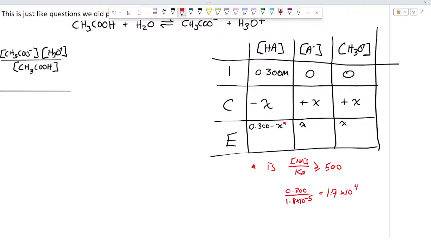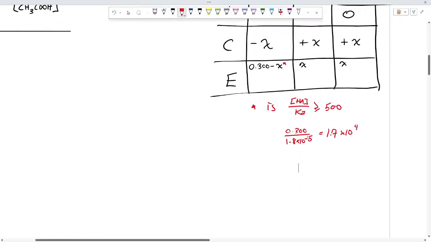All right, what do we get? Okay, so 1.7, and what exponent? Times 10 to what exponent? We're doing chemistry here, and you put the scientific notation in your calculator.